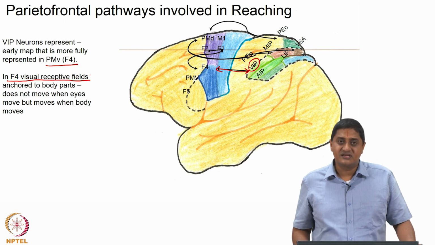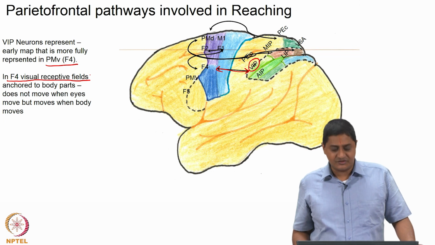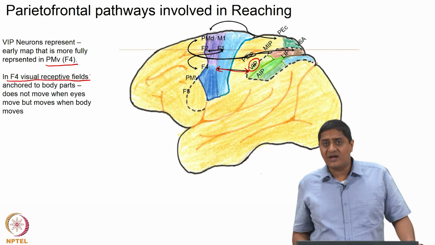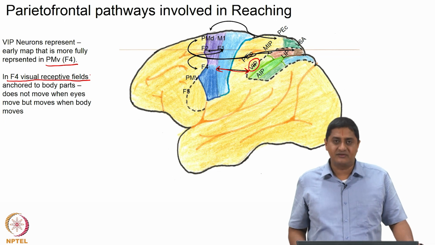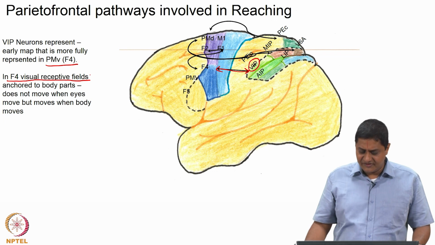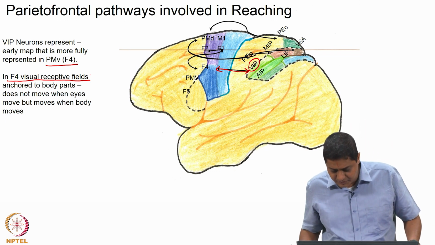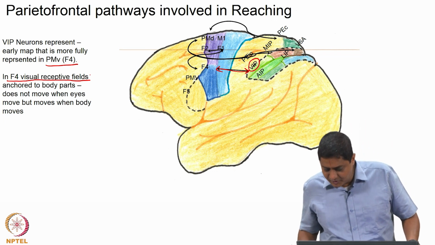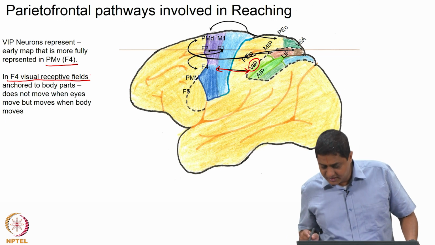So, that means these are more related to motor function. They have visual receptive fields, however, they are more active during actions of specific regions of the body.